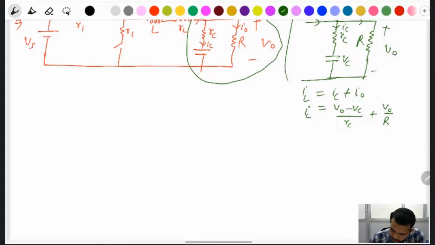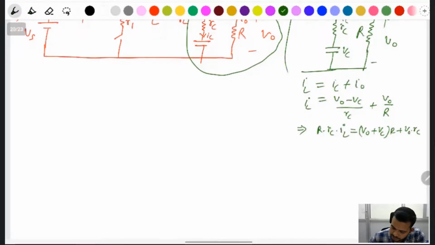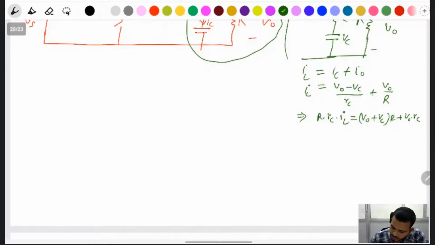IL. You take the LCM, then find R into RC into IL is equal to V naught plus VC into R plus V naught into RC, and find the value of V naught here.